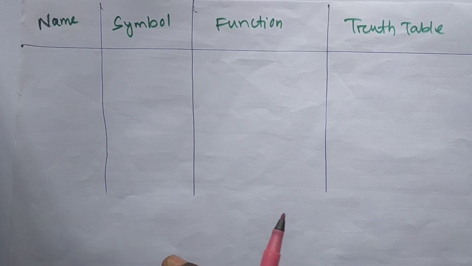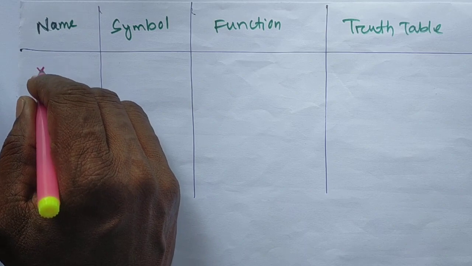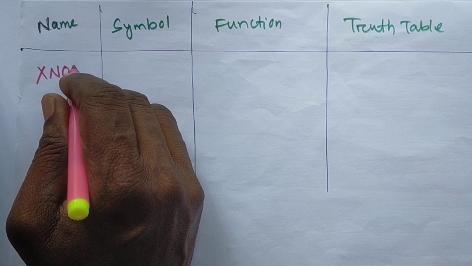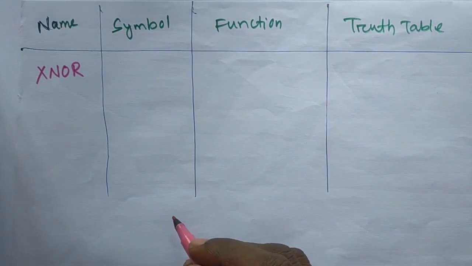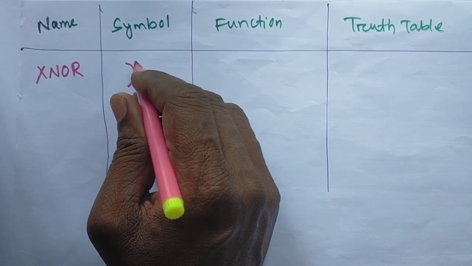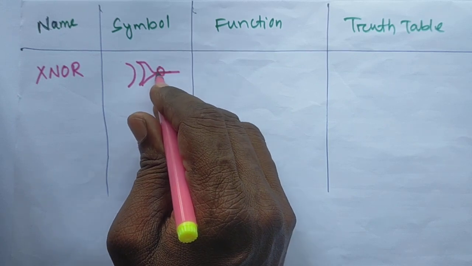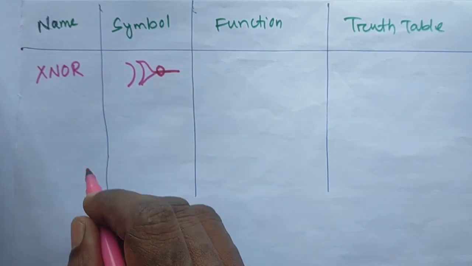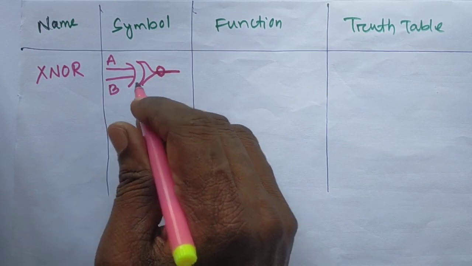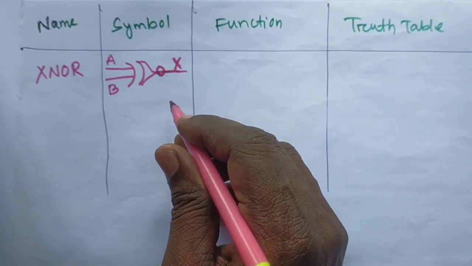Now see the other negative gate, the XNOR. XOR and XNOR follow the same concept, but here there is one bubble at the output. You input two values A and B, and the output is X. The bubble is here.